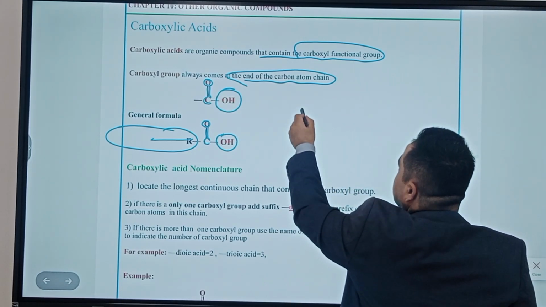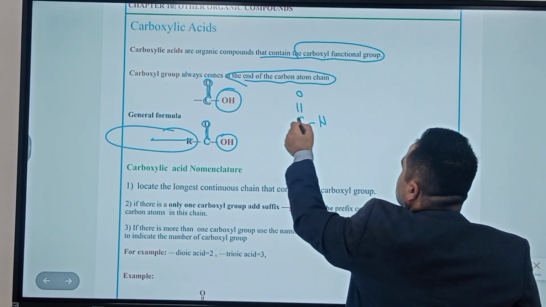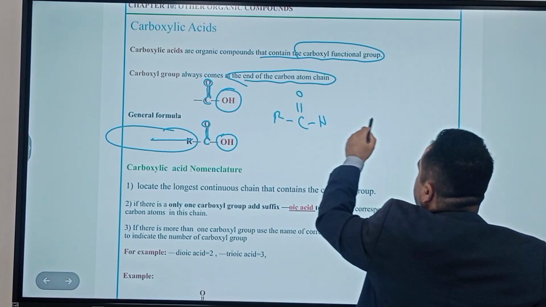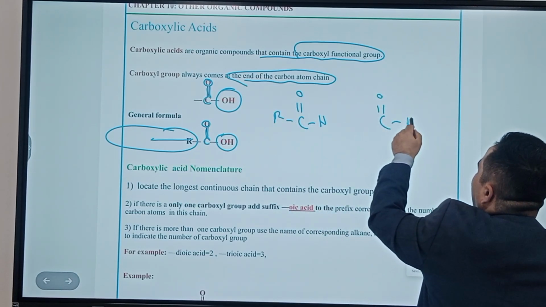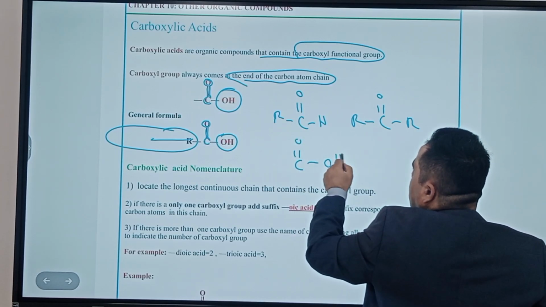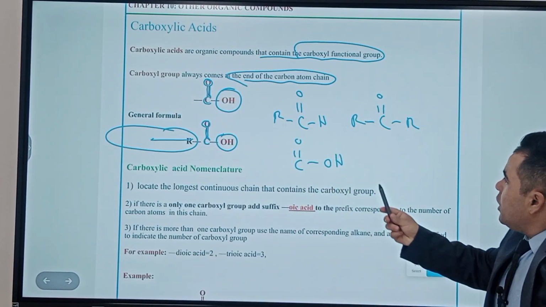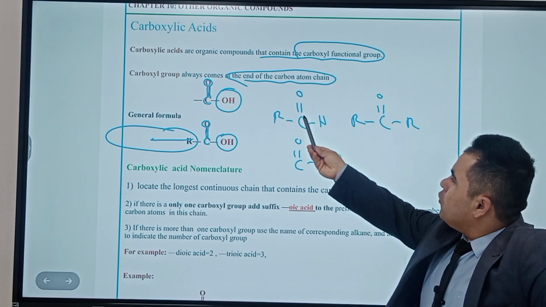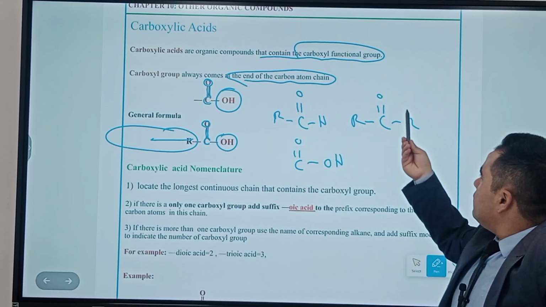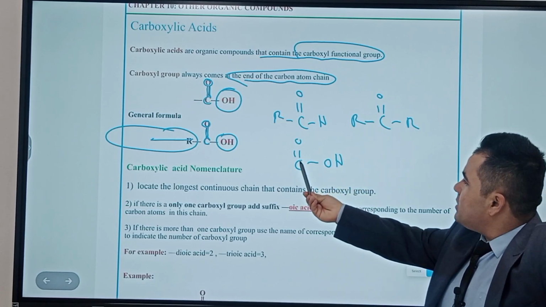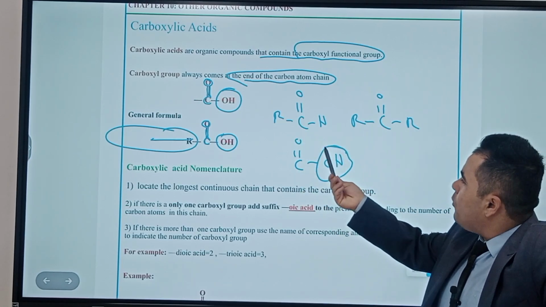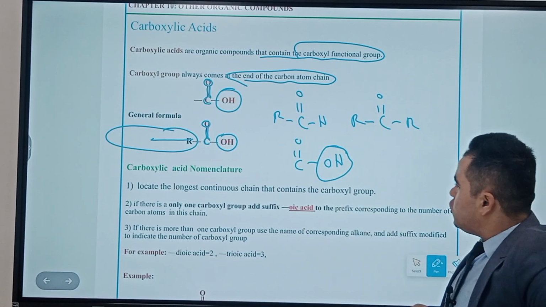We talked about R-CHO and R-CO-R, and now R-COOH. They almost resemble each other. The aldehyde contains a carbonyl group, but is closed at one end. The ketone contains a carbonyl group, but is open at both. The carboxylic acid contains a carbonyl group and is closed by the OH, which we call the carboxyl group.